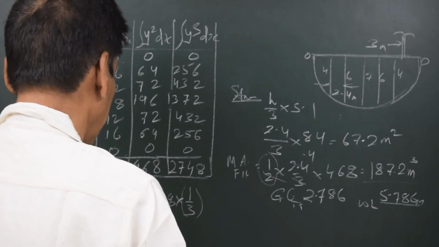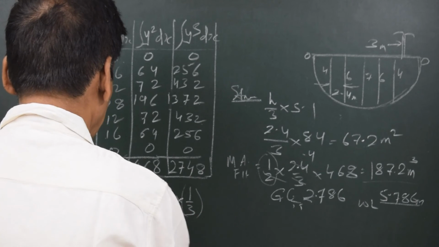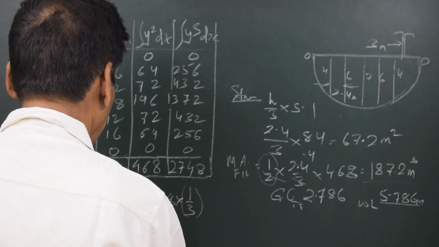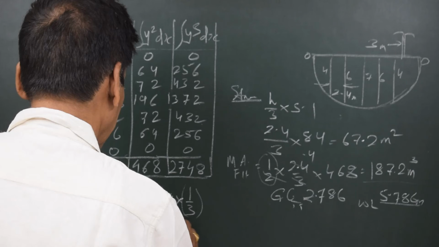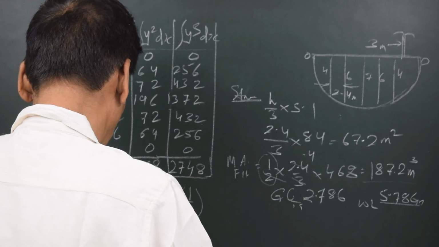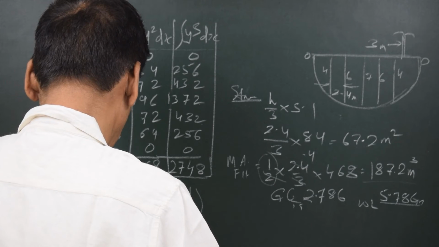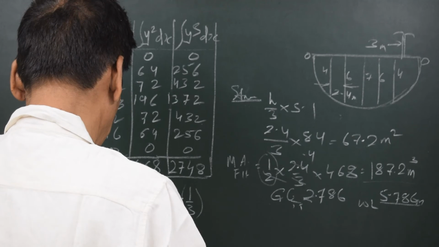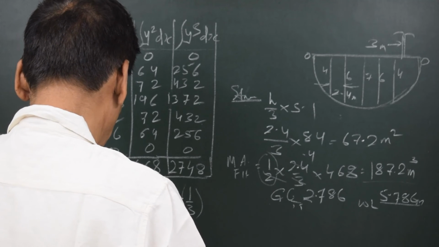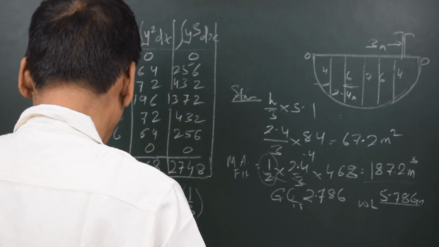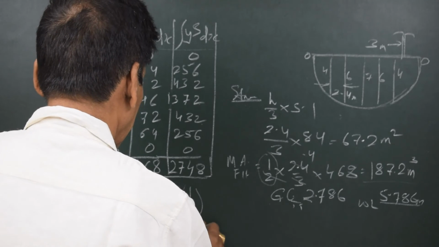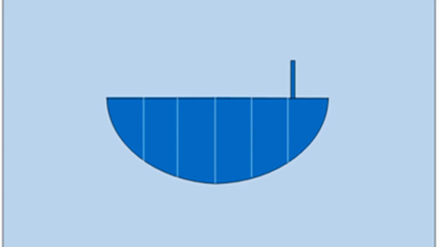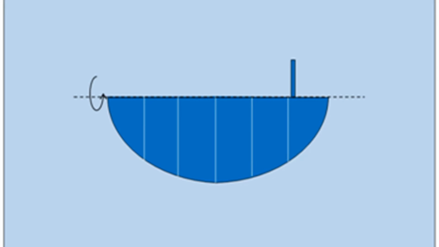So it is 2.4 upon 3 into 3 into 2748, that is 2.4 into 2748 divided by 9. That gives me 732.8 meter raised to 4, the moment of inertia about the tank top.